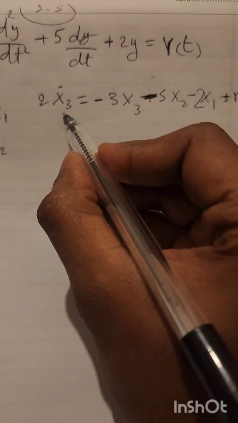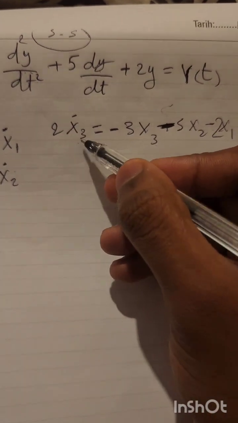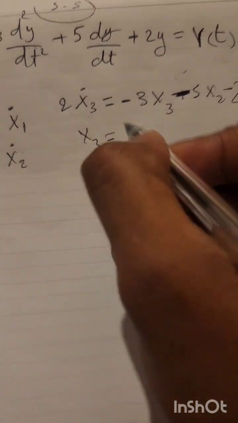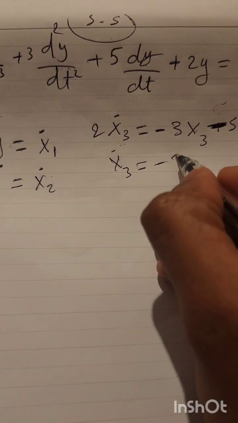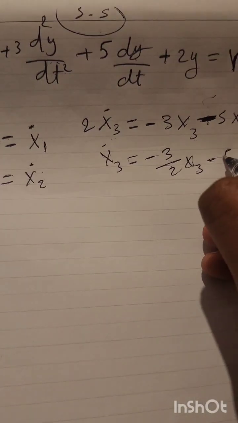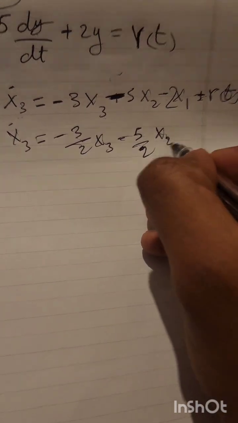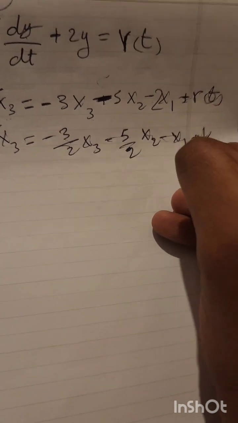So we want just the first derivative of x3. So it's going to be x3 prime is equal to minus 3 over 2 x3 minus 5 over 2 x2 minus x1 plus half of r of t.